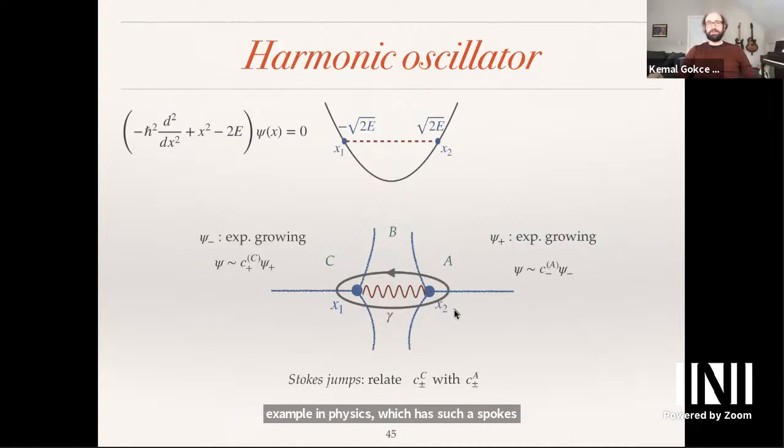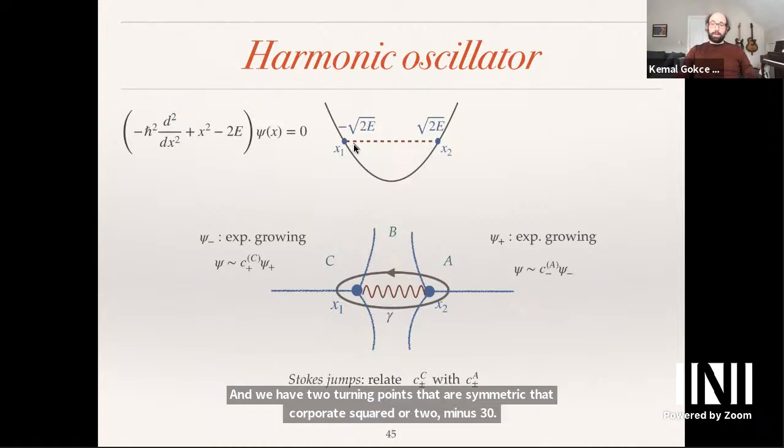It's called the harmonic oscillator. It's perhaps one of the most studied examples in quantum mechanics. The potential is just a quadratic function, and we have two turning points that are symmetric, that occur at square root of 2e and minus square root of 2e.